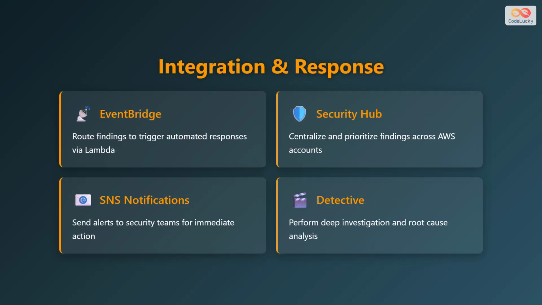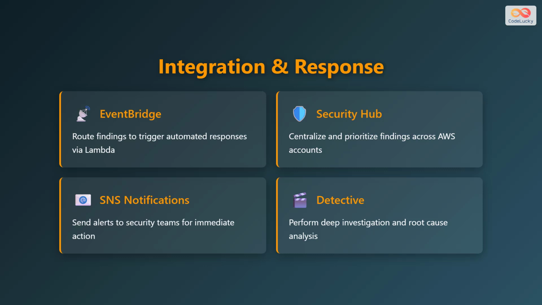GuardDuty integrates seamlessly with several AWS services to enable automated responses to security threats. With Amazon EventBridge, you can route findings to trigger automated responses using AWS Lambda functions, allowing you to take immediate action when threats are detected. Through AWS Security Hub, you can centralize and prioritize findings across multiple AWS accounts in one place.